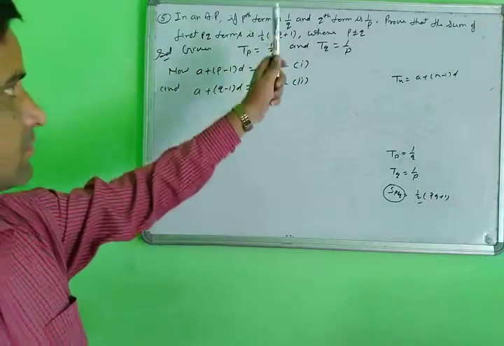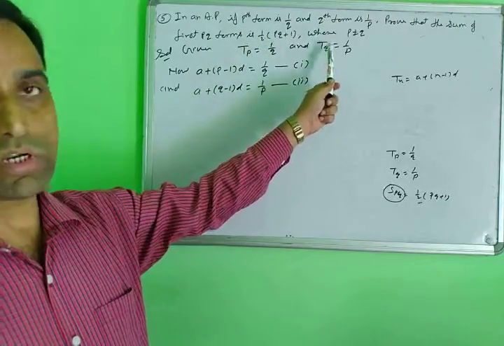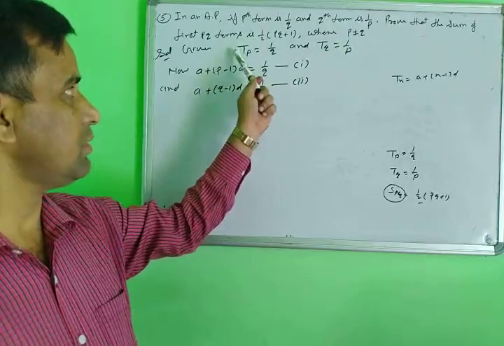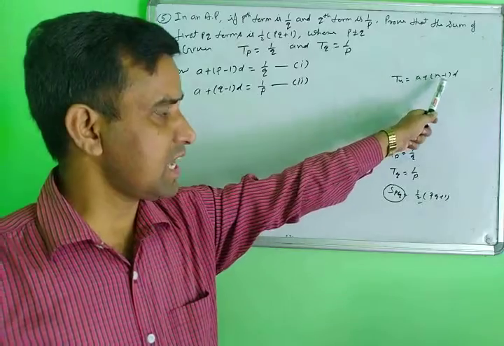Look again, Tp term is 1 upon q and Tq term is 1 upon p. The identity of the Tn term is a plus n minus 1 d.